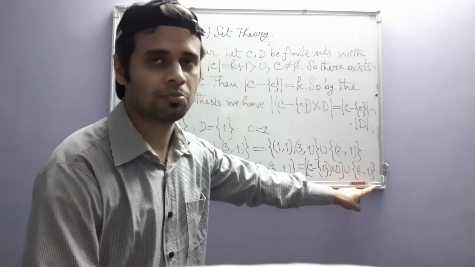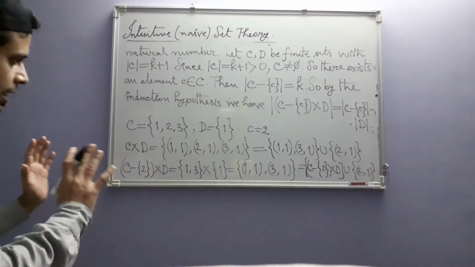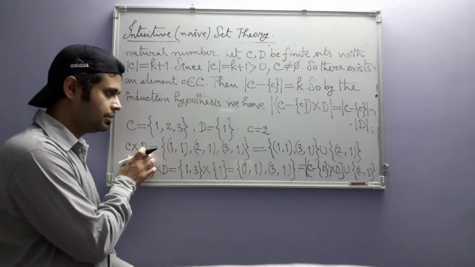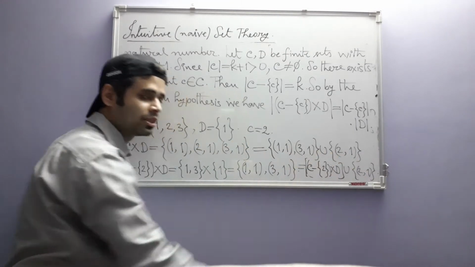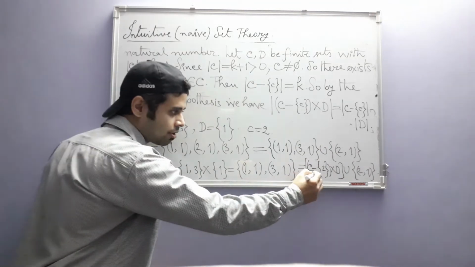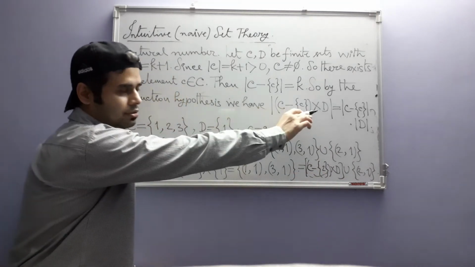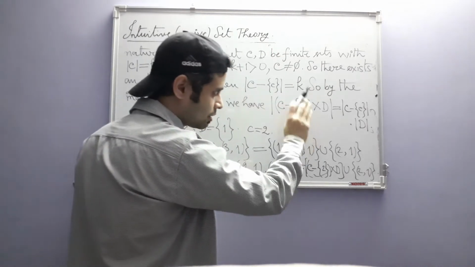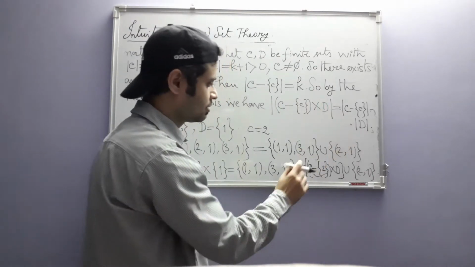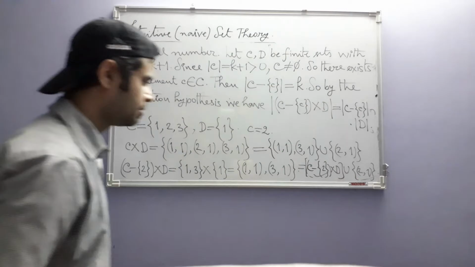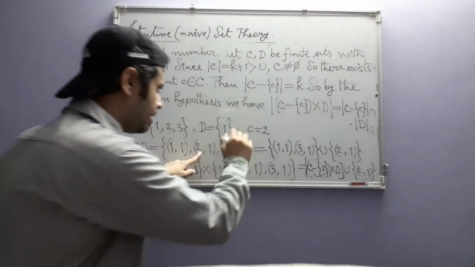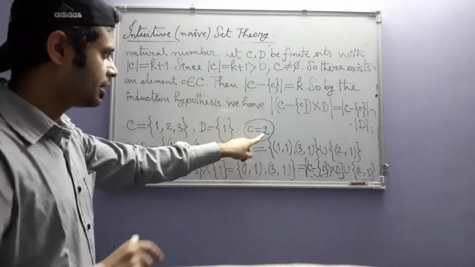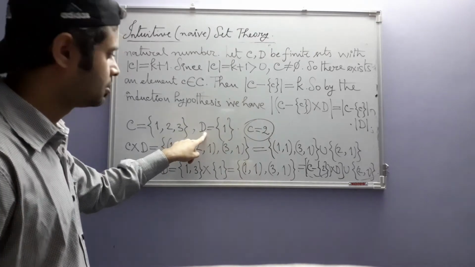Now what is this (2,1)? Realize what we have done here. We have written C cross D in terms of this and something extra. This is already given to us. In the general situation we have this, and we also know what its number of elements is. But what is this extra? This extra is actually that element which we have chosen from C, and we have taken its Cartesian product with D.